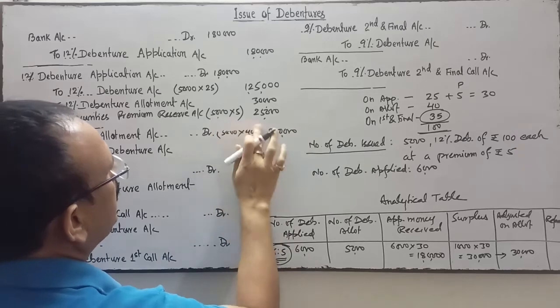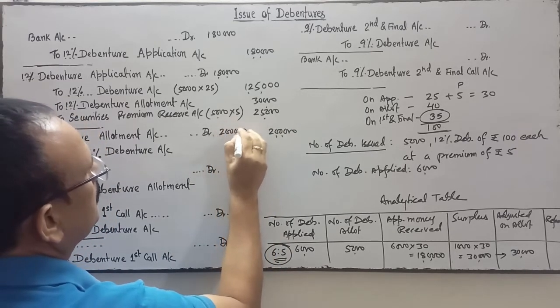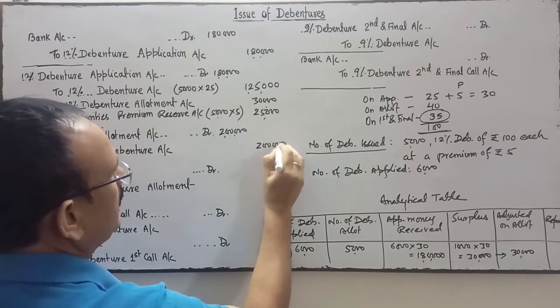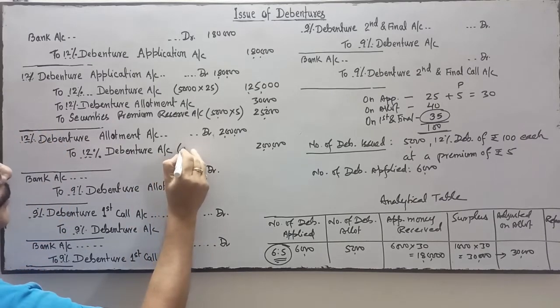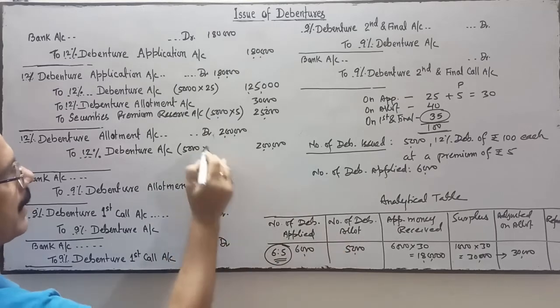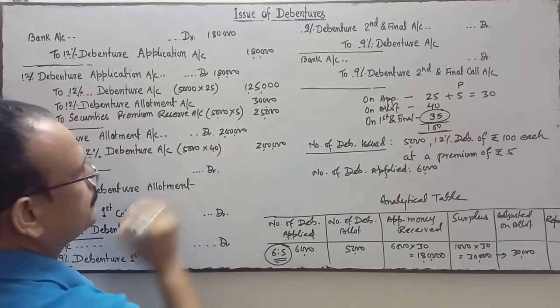We have to debit 2 lakhs over here, and 2 lakhs. How is this 2 lakh calculated? It is calculated on the basis of the number of debentures, 5,000, which is allotted, into allotment money 40 rupees.